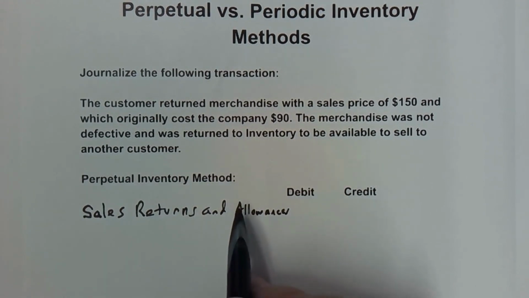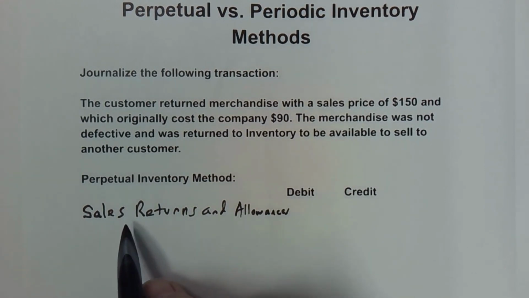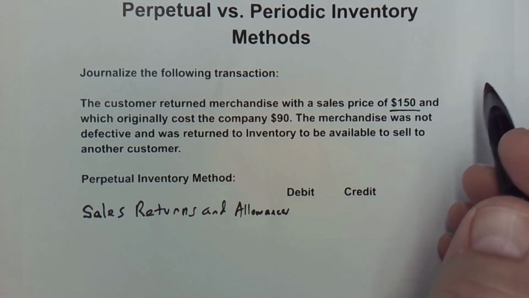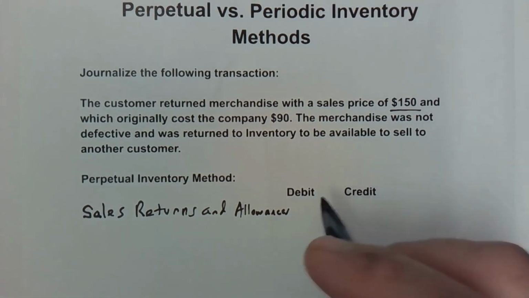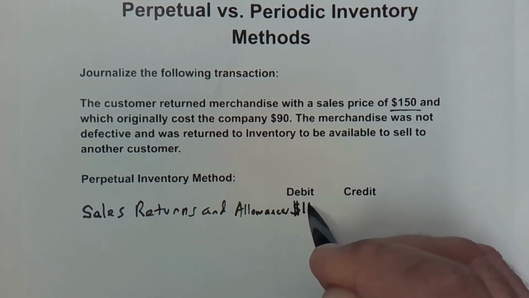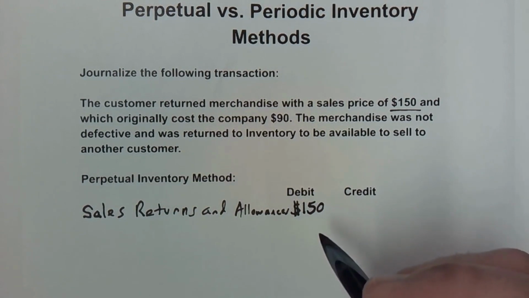That is when the company returns an item to their supplier. This Sales, Returns, and Allowances is for when the company's customer returns the item to the company. We know that the company sold the item that's being returned to the customer for $150. In other words, that was the price on the price tag that the customer paid. So we're going to debit that $150.